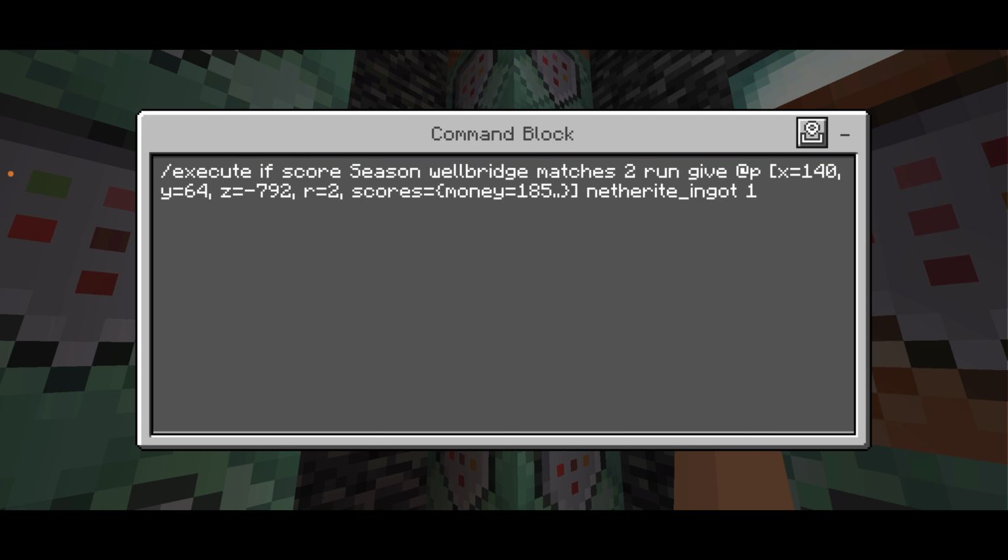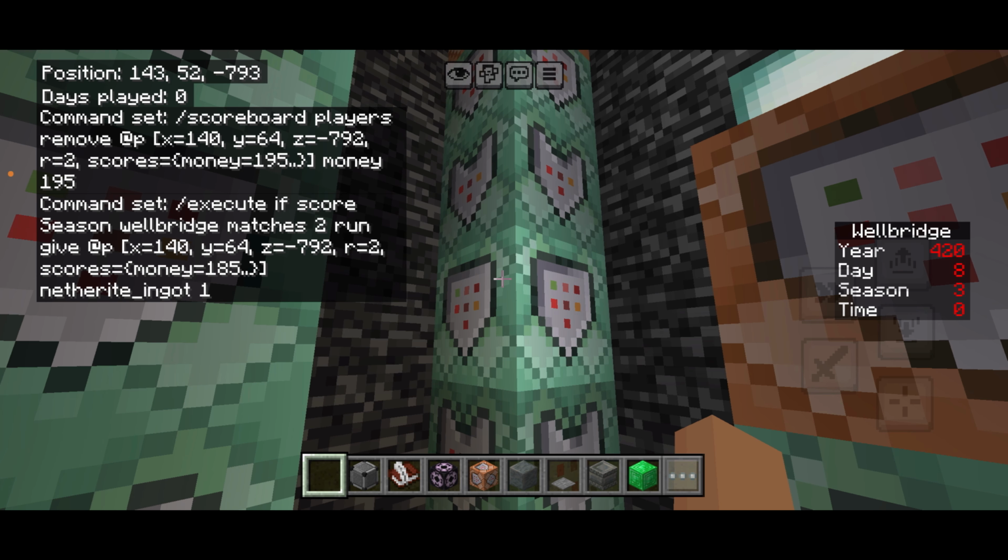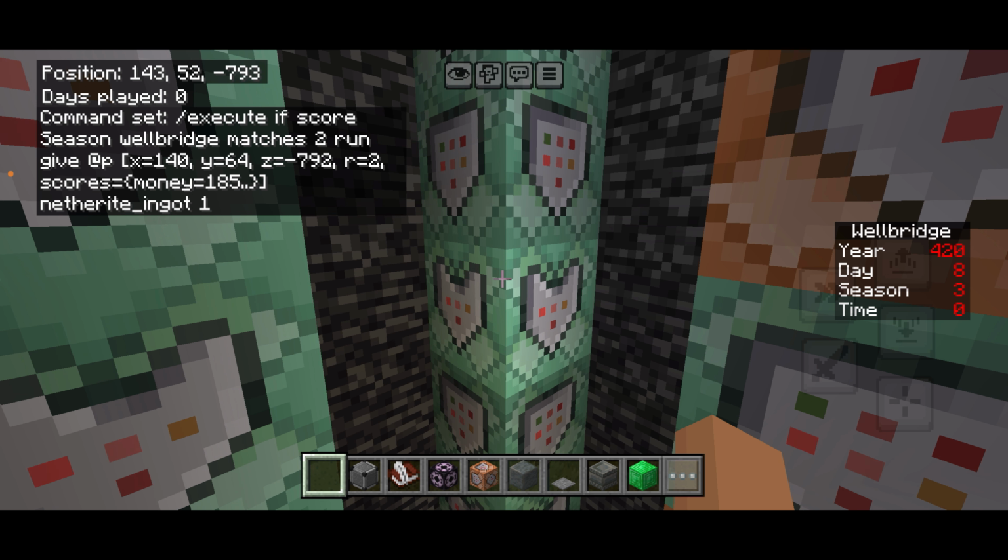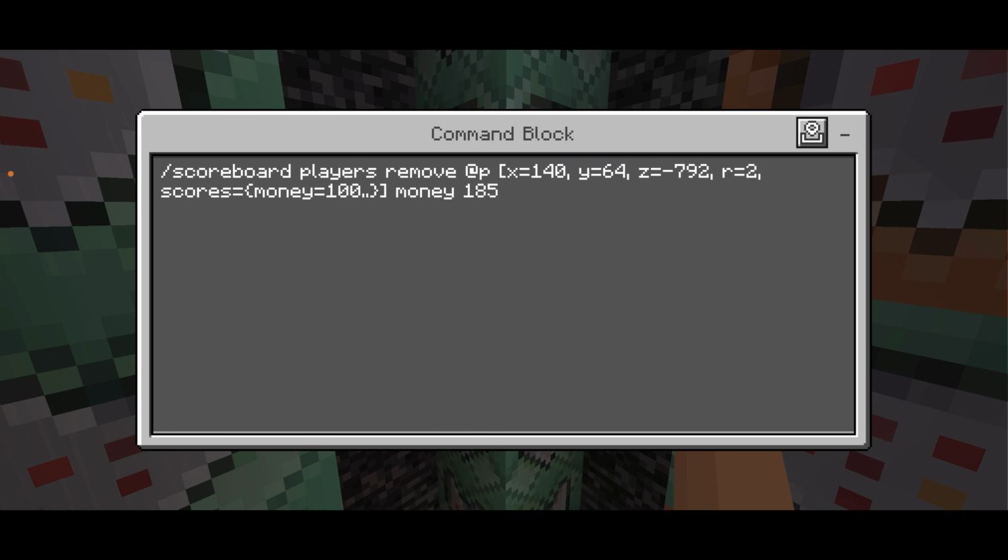All right, so this one is 185. Okay, so they needed to have 185 for season 2. Let's make sure this is the same. And the second one is going to be chain conditional, always active.